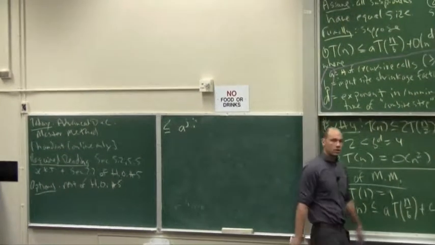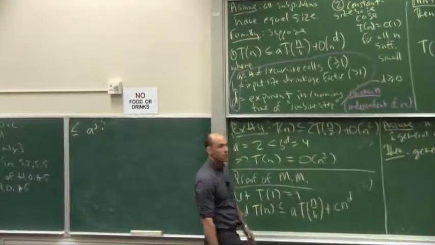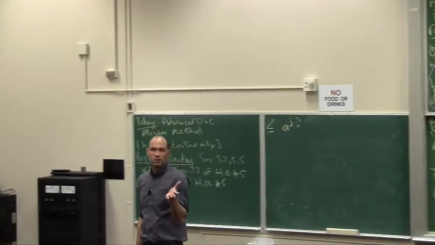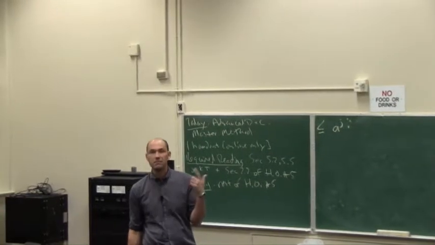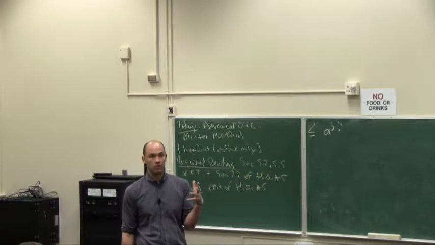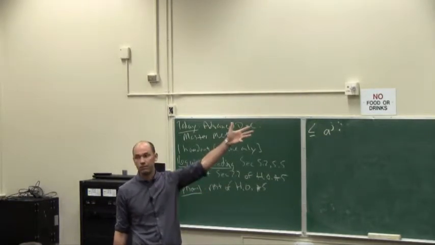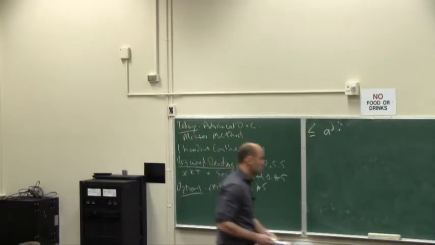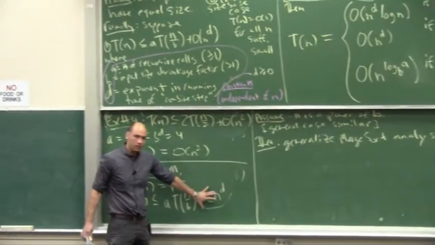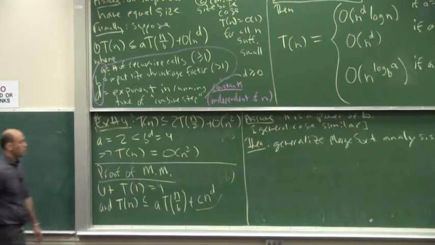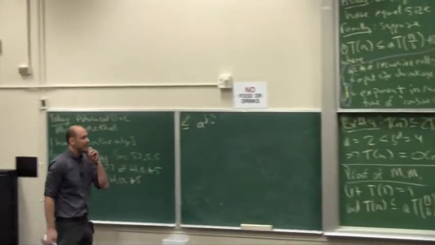So here we got to go back to the recurrence, the input to the master method. It says, look, you do some work in recursive calls, you make A of them, each one is a b factor smaller, plus you do some stuff that's not in the recursive calls. And that's the big O of n to the d term. And I went ahead and wrote out the constant, so we have a c n to the d. The meaning of this is work performed, not counting what's in the recursive calls, on something that has size n.